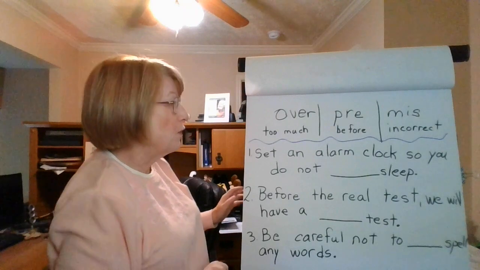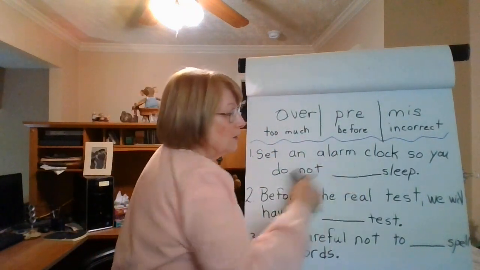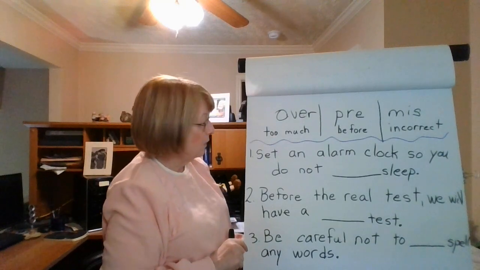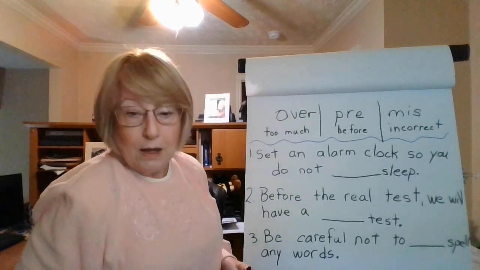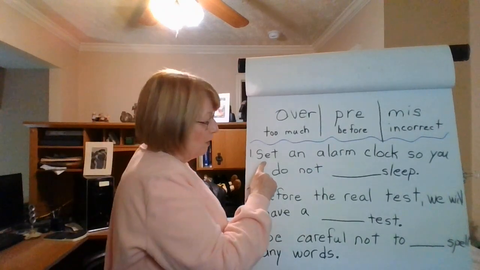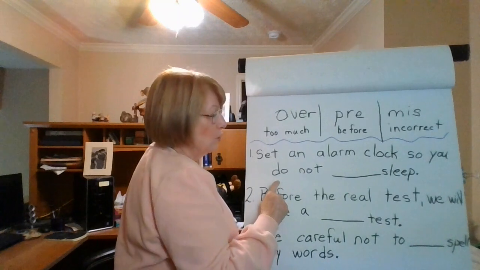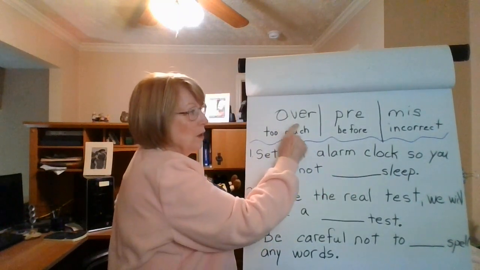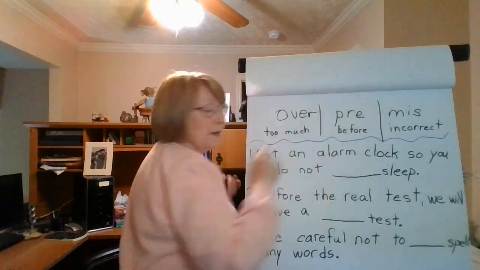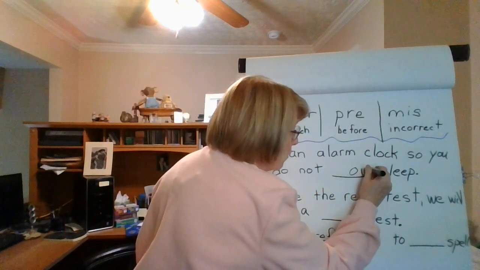So let's see if we can figure out which ones of these we would put in the line to make a new word. Let's see if you can read this with me. Go ahead and say it with me. Set an alarm clock so you do not sleep. Would it be over, pre, or miss? If you said over, you are correct.